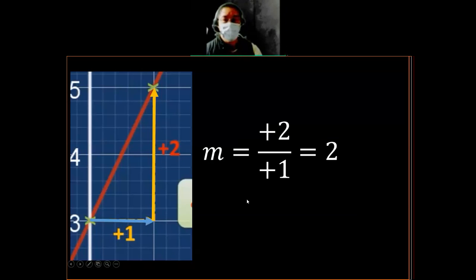Then you can write your gradient as the rise is +2 and the run is +1. And 2/1, a positive divided by a positive is still a positive, so you don't need to write the sign. And 2/1 can be simplified as just a value of 2. So the gradient is 2. Okay. Any question for this example?